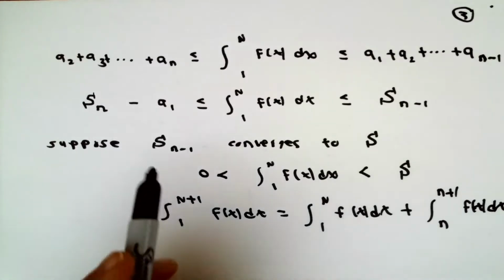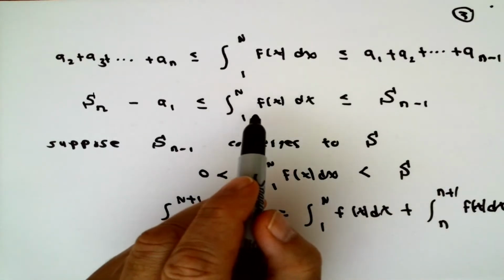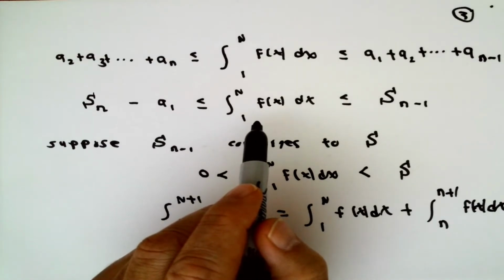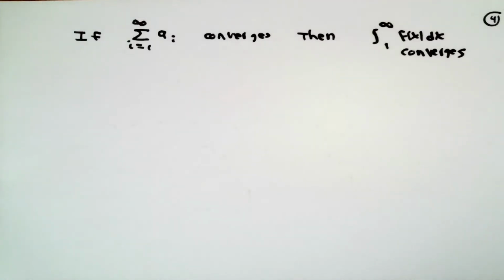If the infinite series converges, then the integral from 1 to infinity of f of x dx converges. Under the hypothesis that we've stated, if the infinite series converges, then the integral converges.